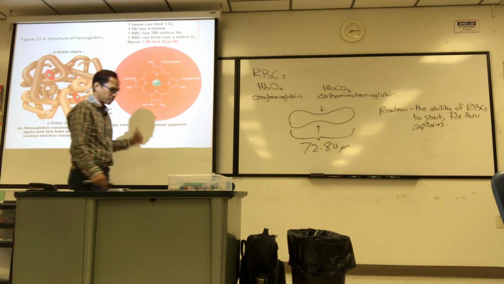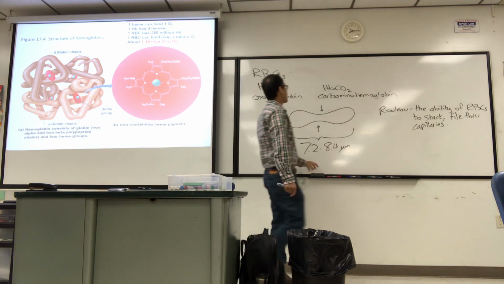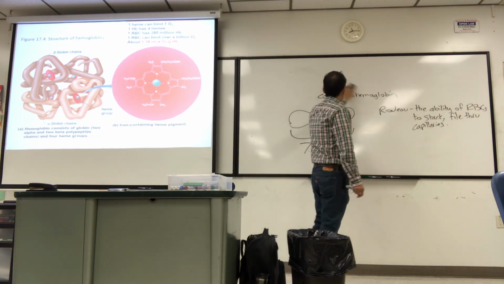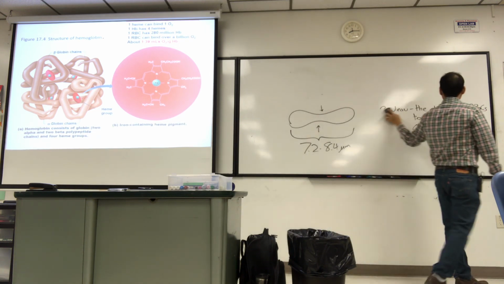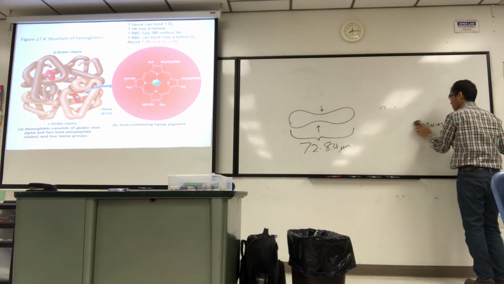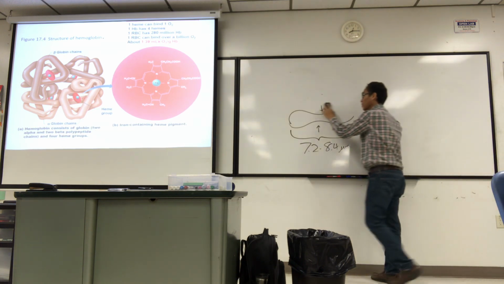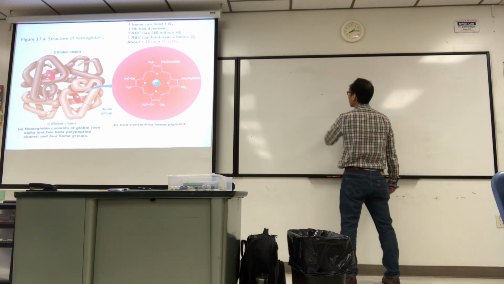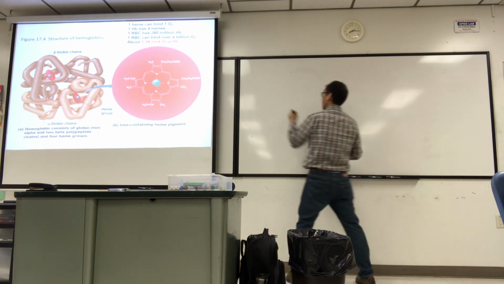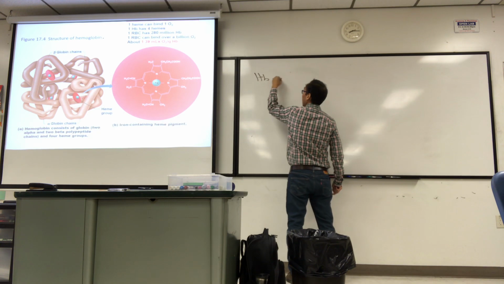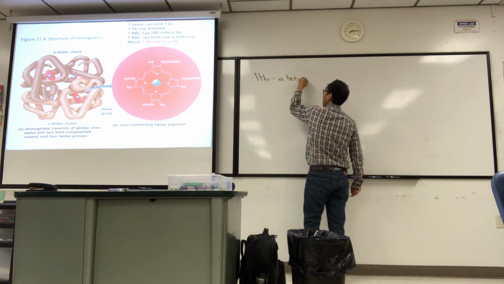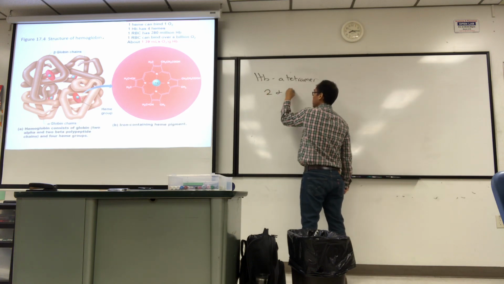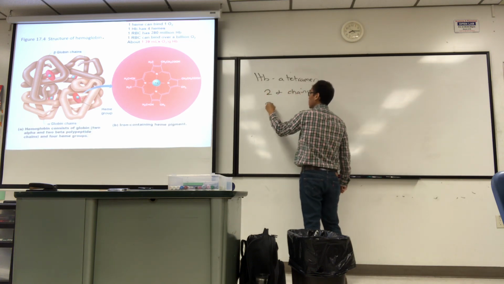Hemoglobin is a tetramer, so it's got 4 parts. Hemoglobin, a tetramer. And we'll go with 2 alpha chains, 2 beta chains.